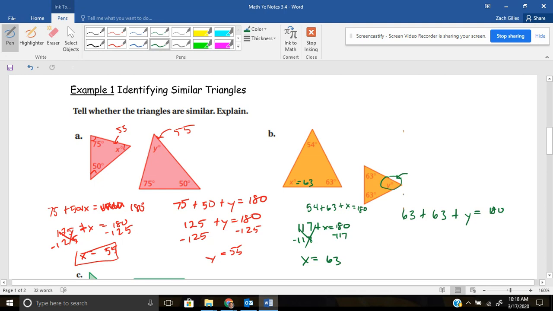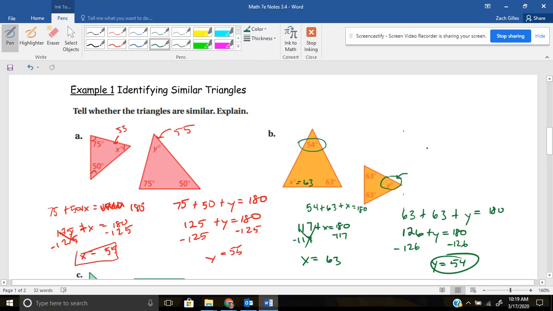If I add my like terms, I'll come up with 126 plus Y equals 180. Then I'll subtract 126 from both sides. So 180 minus 126 gives me a total of 54. And look at here, it matches up with that other one.